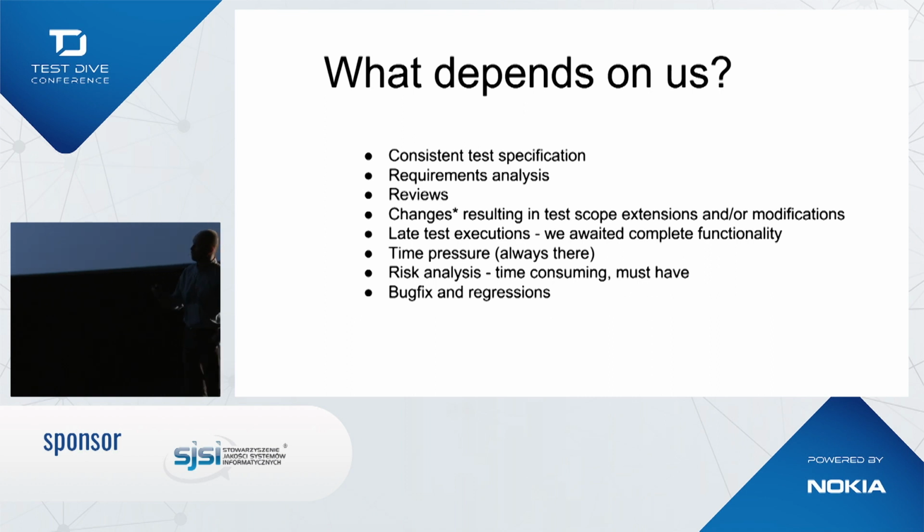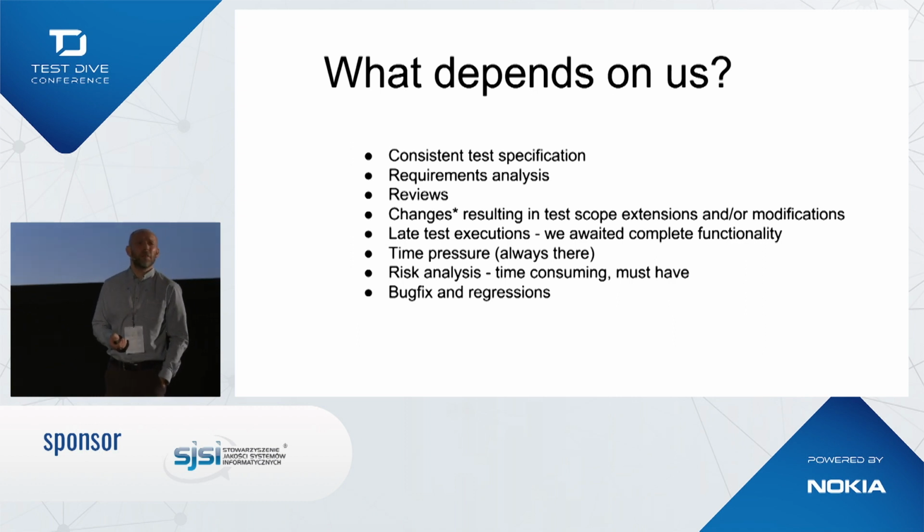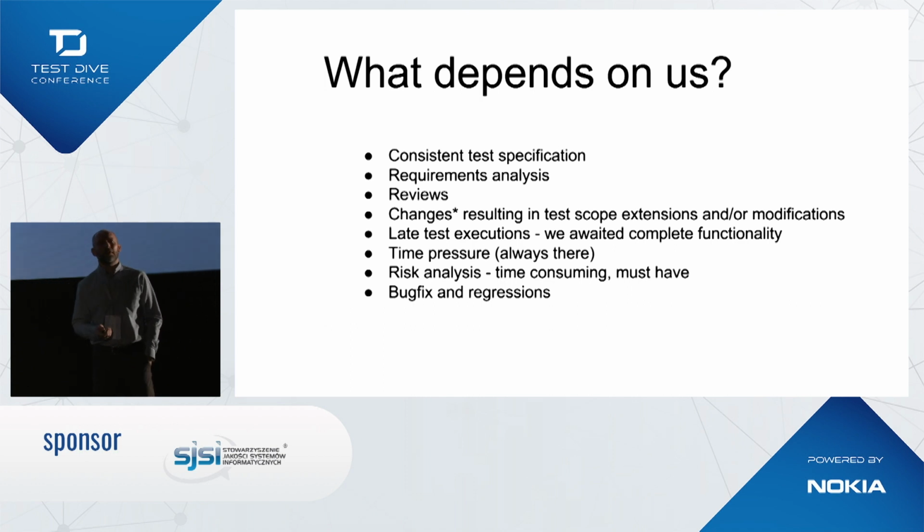What do you think? Can we have any influence on the consistent test specification? We are testers. We take part in grooming sessions, in defining the requirements, because we say, okay, this is testable and this is not. But can we somehow influence this?